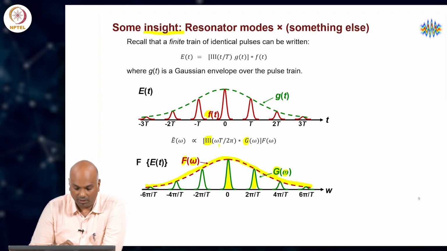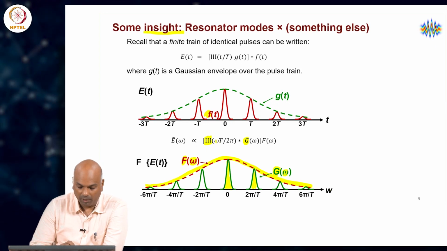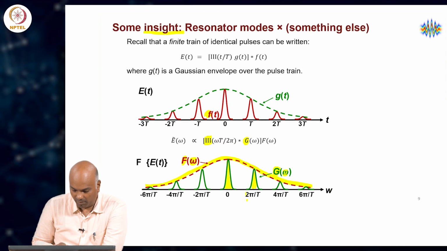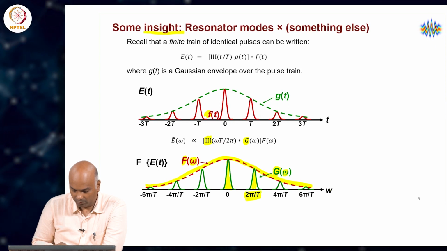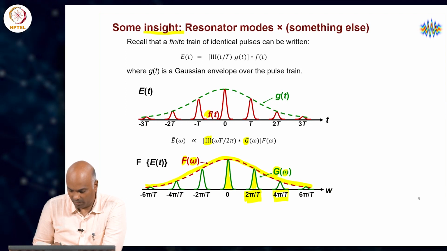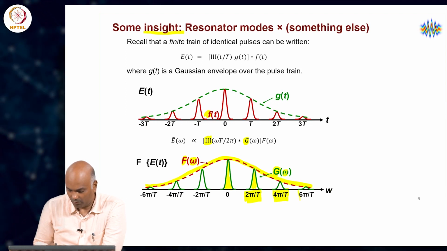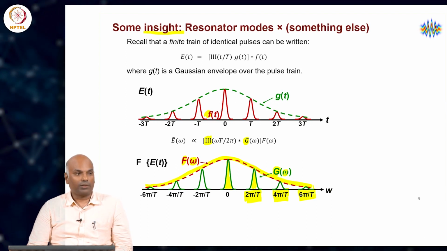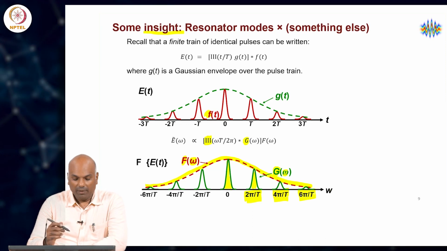The periodicity is in the variable omega, and in frequency units it is 2 pi by t, 4 pi by t, and integer multiples in either direction. Okay. Now, what did we do?